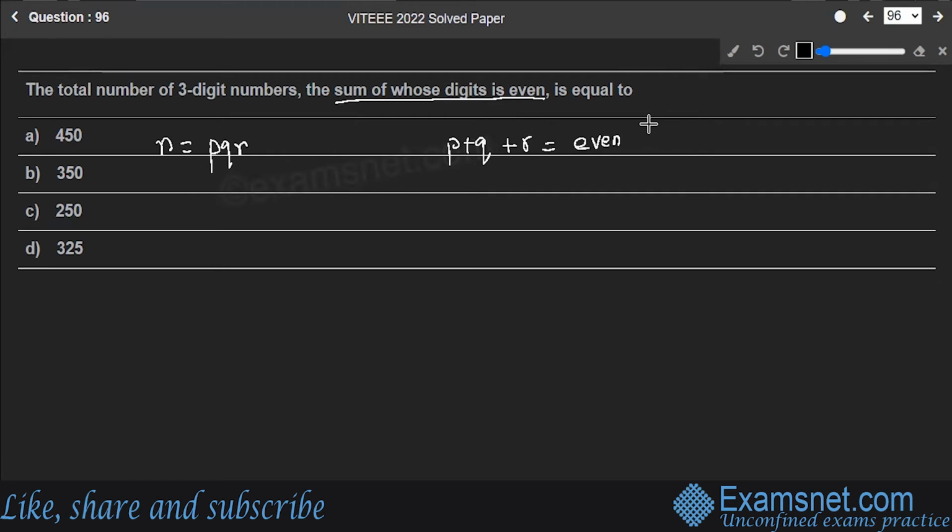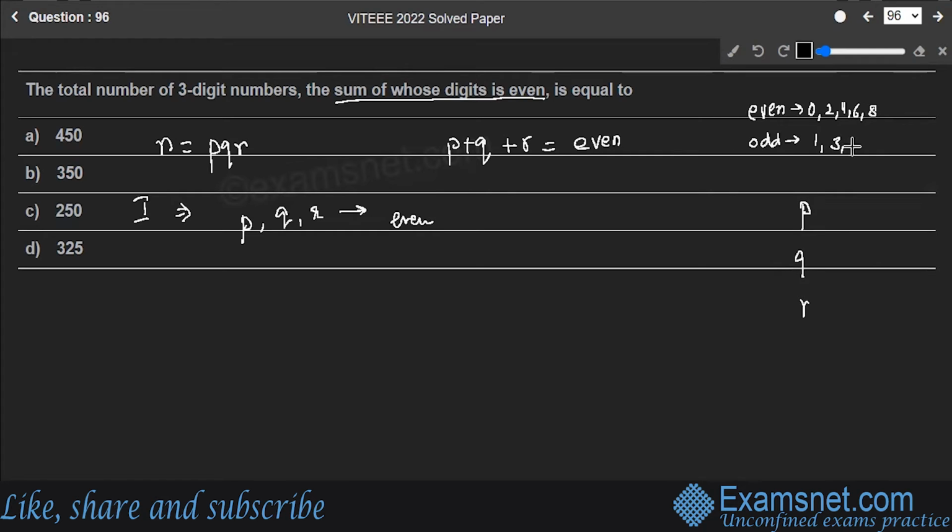Now, these are the following cases. First case, when P, Q, and R all are even. See how many even 1-digit numbers there are: 0, 2, 4, 6, and 8. And similarly, odd: 1, 3, 5, 7, and 9.